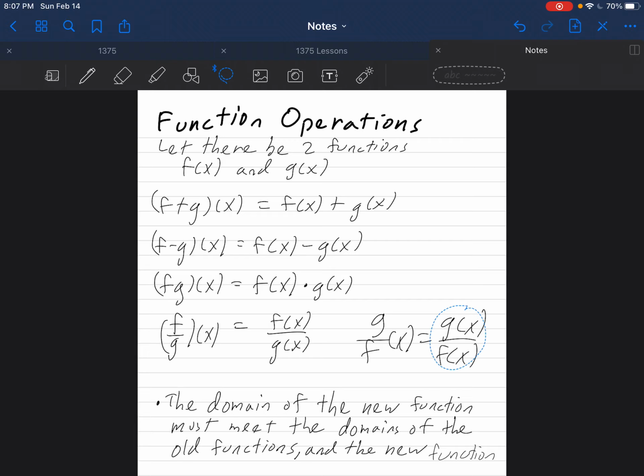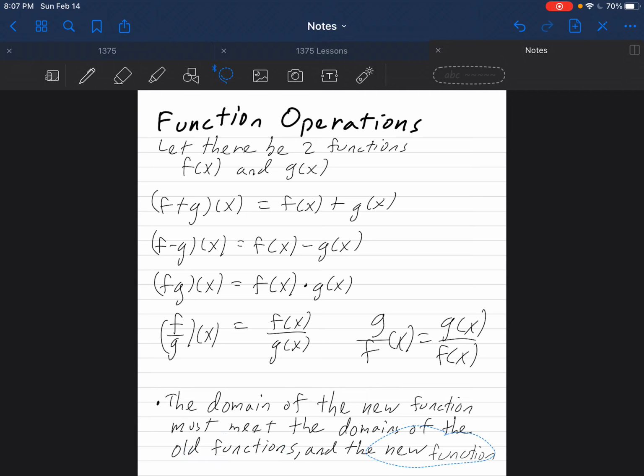So what we're doing here is making brand new functions, right? F plus g of x is a brand new function, which is comprised of f of x plus g of x. And whatever the new function is, it's potentially going to have a new domain. Basically, the domain of the new function must meet the domains of the old functions.